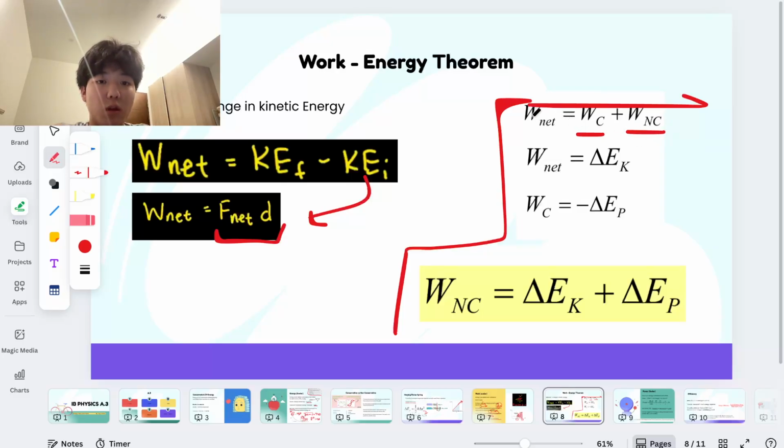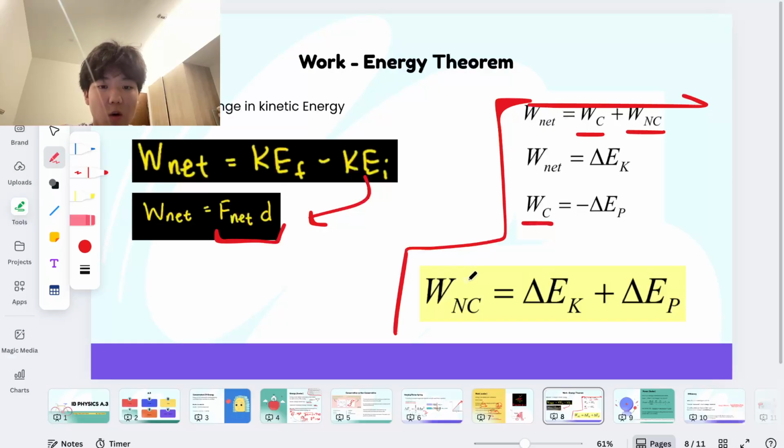So the net work is equal to conservative work plus non-conservative work. The net work is also equal to delta, the change in kinetic energy. And the work of the conservative forces is equal to negative delta potential energy, so negative change in potential energy. This one was highlighted, so I assume it's important.